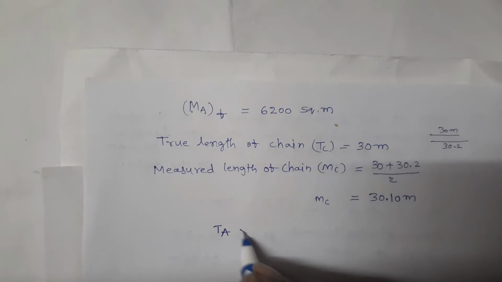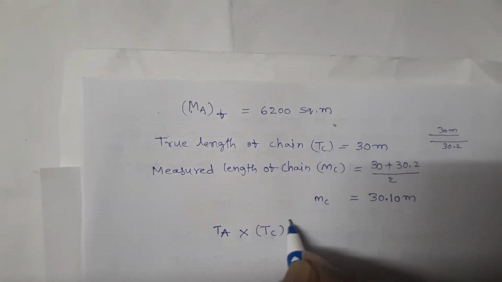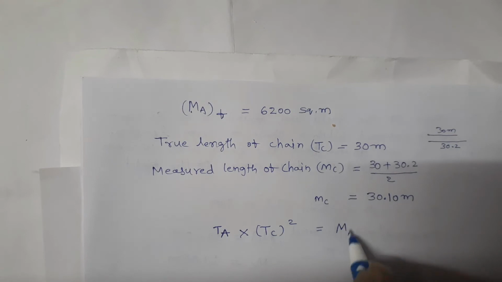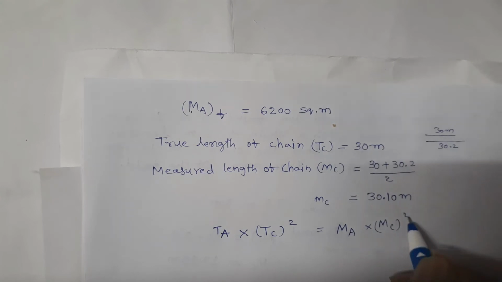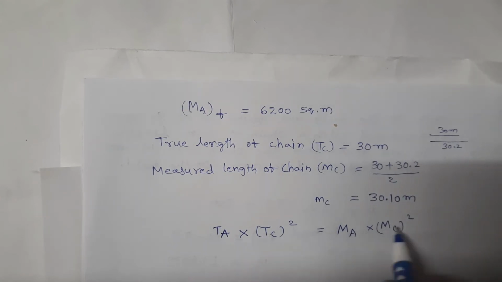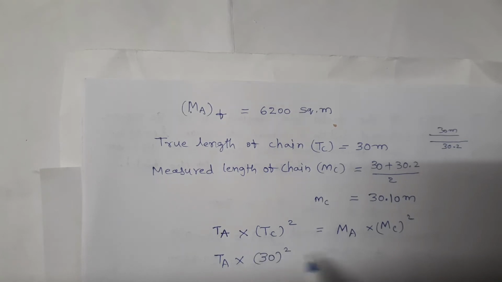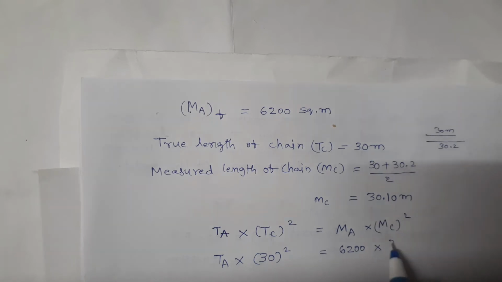Now you write the formula. True area into true length of chain whole square is equal to measured area in the field into measured length of chain whole square. So these are the lengths of chains, and we have to take the square. True area into true length of chain 30 whole square, measured area of the field 6200 square meter into measured length of chain 30.10 whole square.